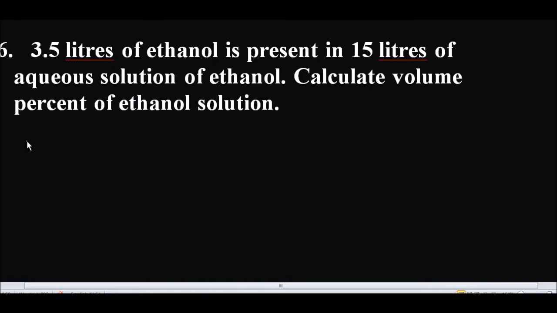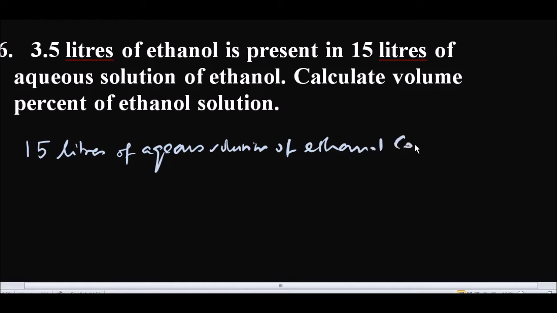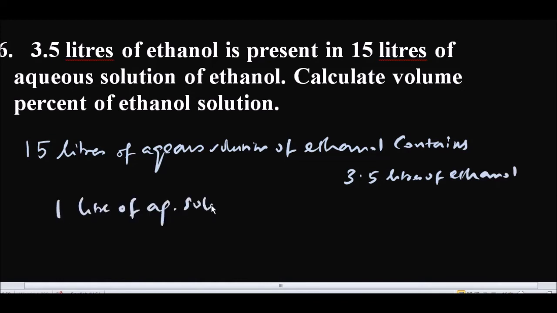By using the statement, we can say 15 liters of aqueous solution of ethanol contains 3.5 liters of ethanol, then 1 liter of aqueous solution of ethanol contains 3.5 divided by 15.